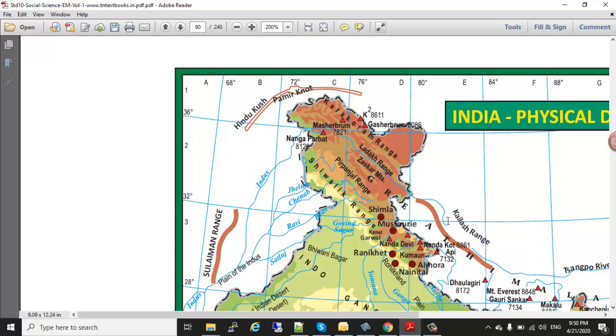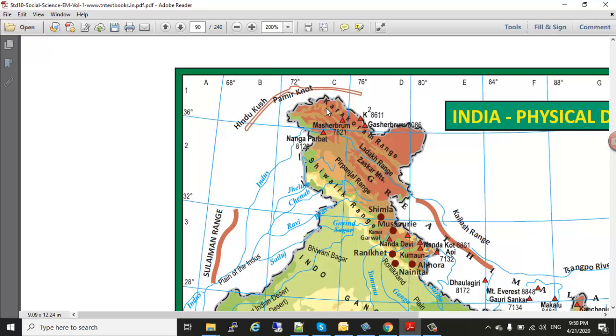So all these three things you are clear. Now you are clear with Pamir Knot, Hindu Kush, Sulaiman range and Kailash range. Is that clear, everybody? And now we are going to see the major Indian physical division, that is the great mountain, Himalayas. So we will see the range, a continuous chain of mountains is called a range. Right? Now we will see the Karakoram range.